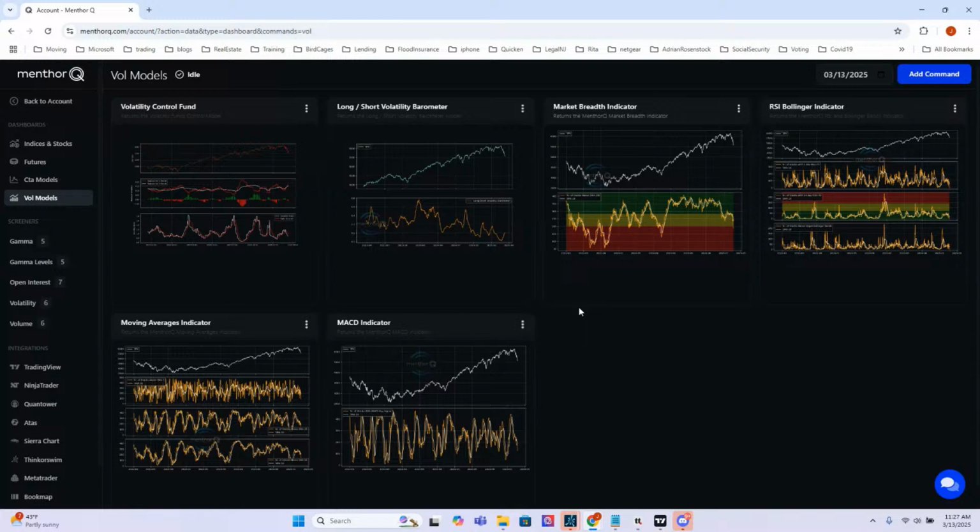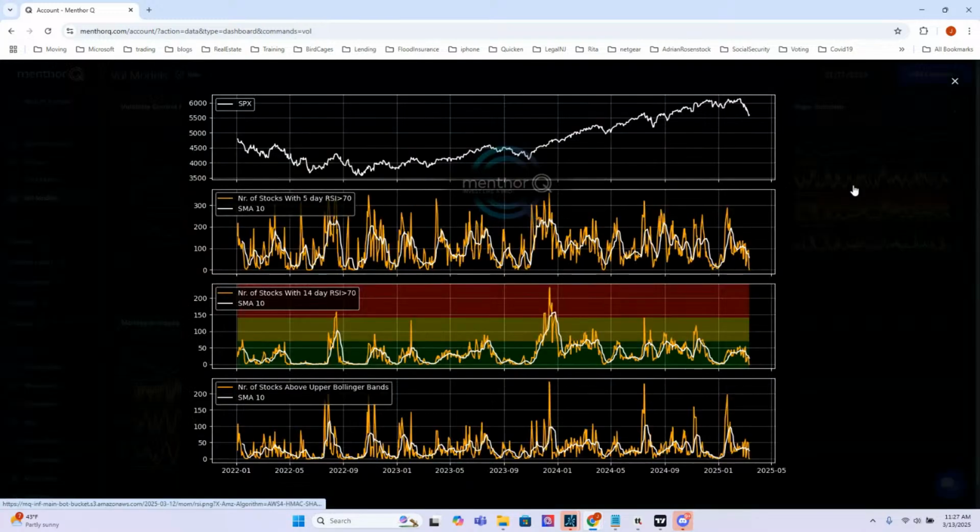So you can look at it from that perspective. One thing is the relative strength in this index. It's like a technical factor, and relative strength here, if you notice, everything's really at the lower end. And then you can see the number of stocks with the 14-day RSI greater than 70. Here you can see that the RSI goes from plus 70 to plus 30.